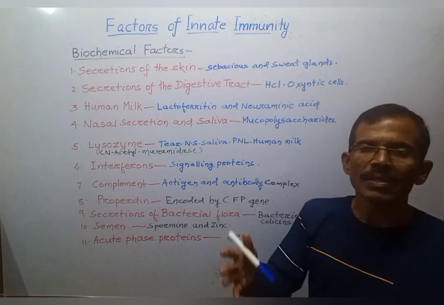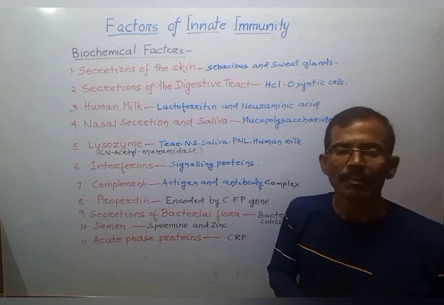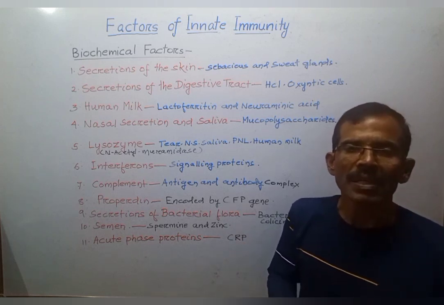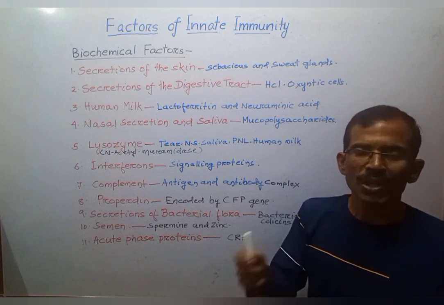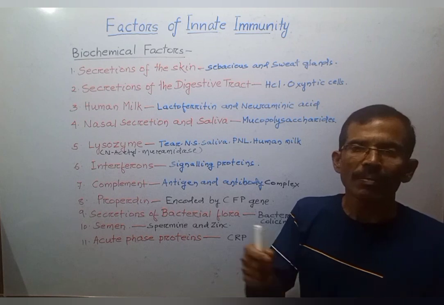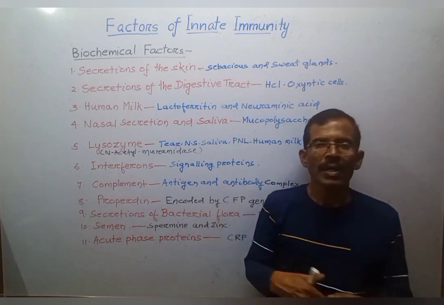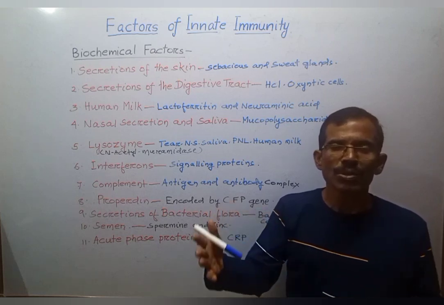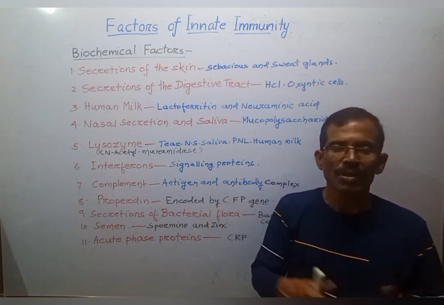Complement system is another biochemical component of innate immunity. Complement is a complex system of enzymatic proteins found in serum. They are activated by antigen-antibody complexes. Activated complement components increase phagocytosis of pathogens and thereby their destruction.